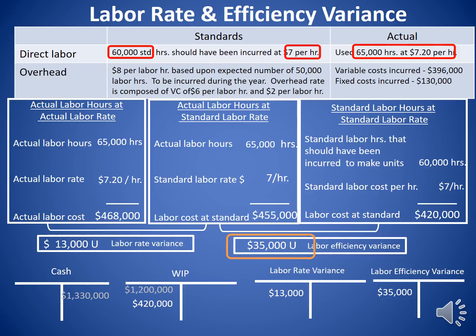We also have to record the amount of payroll we paid. In this case, we're assuming we paid payroll in cash, and it would be $468,000. If you do a quick computation, you'll notice that our total debits to work in process, labor rate variance, and labor efficiency variance equal our total credit of $468,000 for cash.